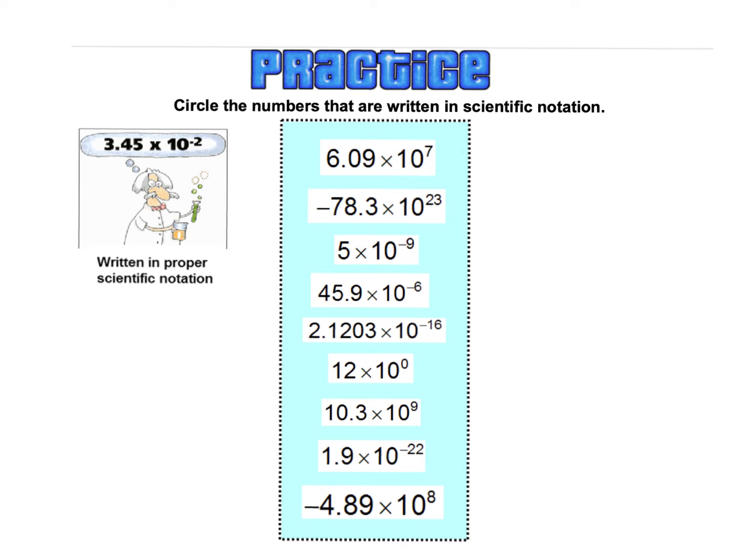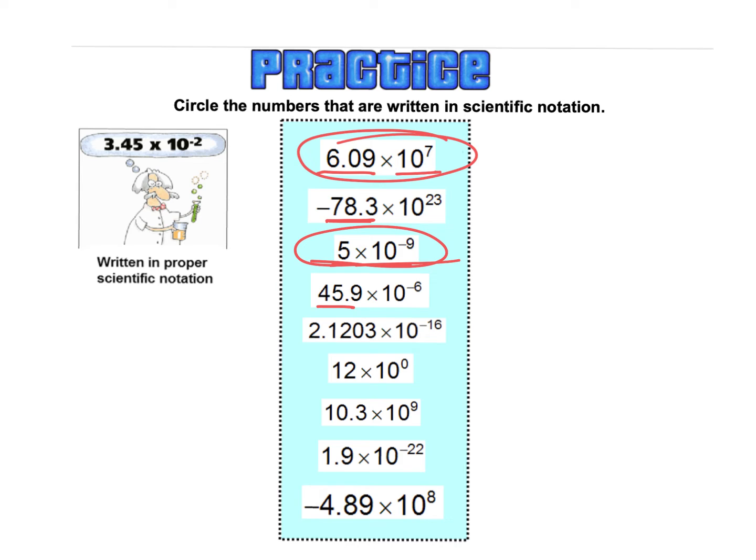So let's go through them. Factor between 1 and 10, times a power of 10. First one definitely is. Second one, not. We have a number that's less than 1 because it's a negative, so that one is definitely not. Between 1 and 10 times the power of 10 works.